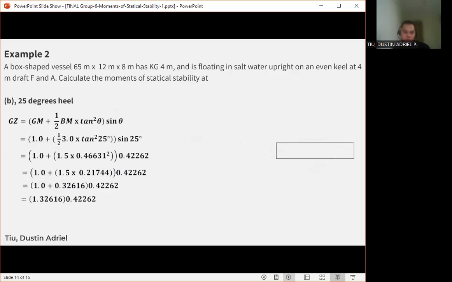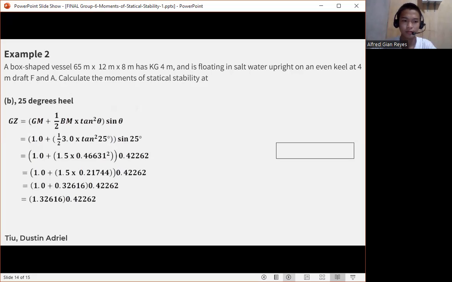Now in this example, it is required to have the moment of statical stability at 25 degrees heel. But before we can get it, we should solve for the GZ. Since they have different degrees, GZ will be different. We should use the formula GZ equals open parenthesis GM plus 1/2 BM times tan squared theta close parenthesis sine theta.